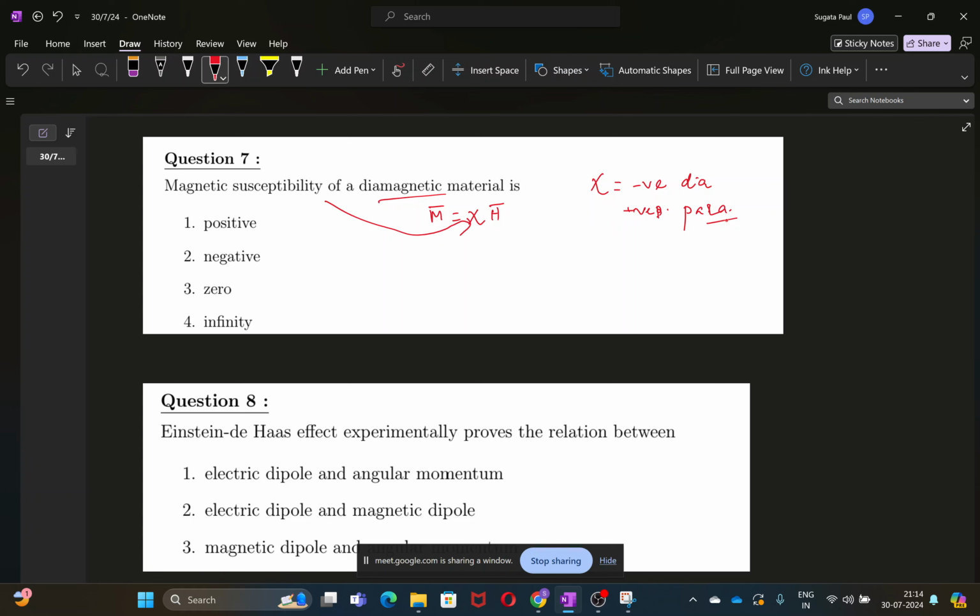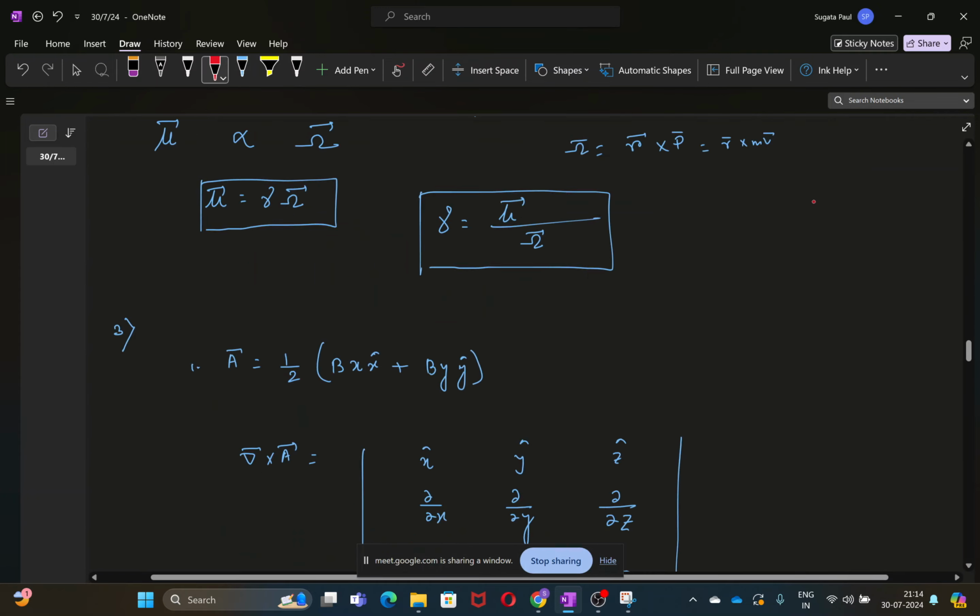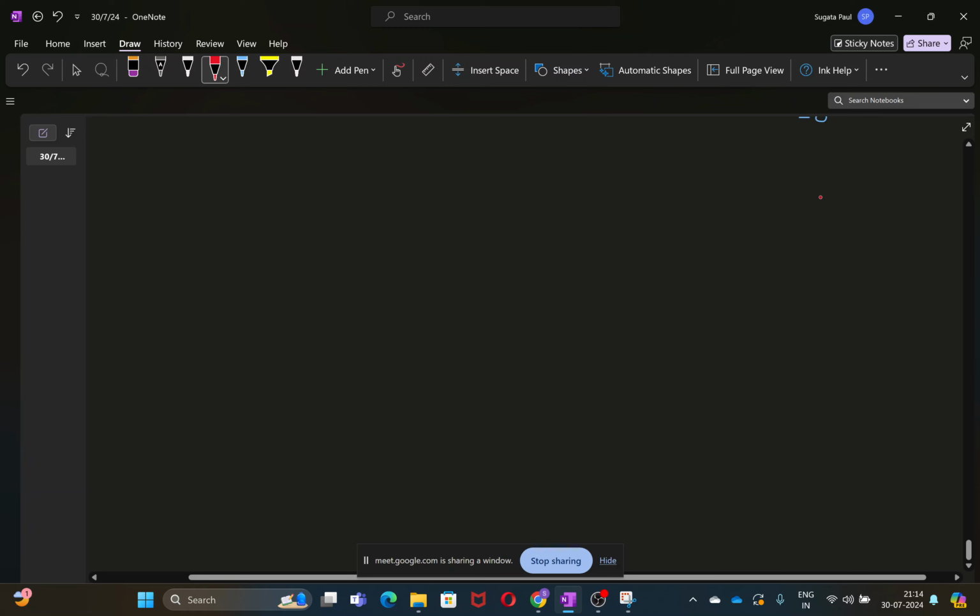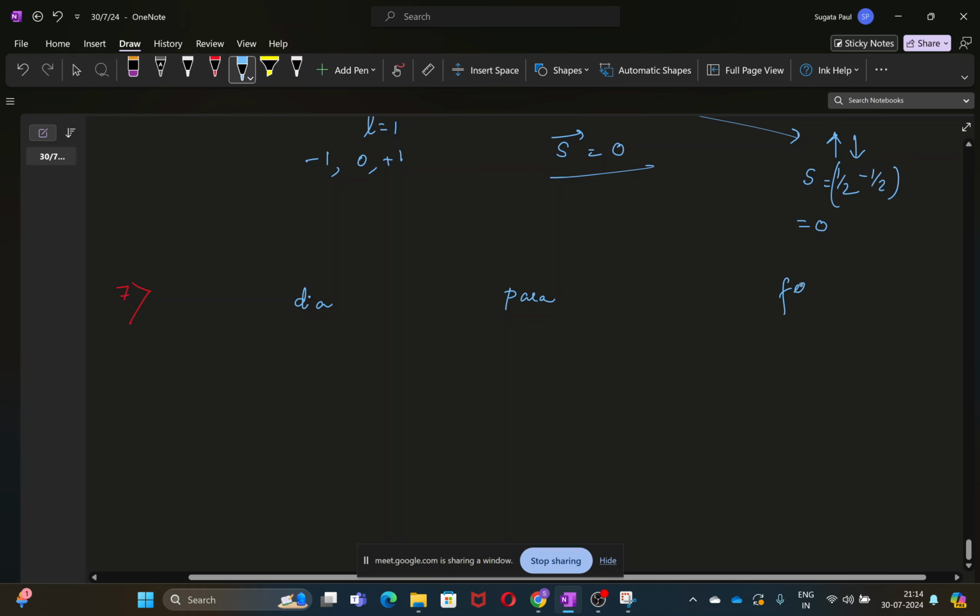So I'll just write down here at the side of it, question number 7. We will probably know the difference between all three very clearly, but again for the sake of it, let me write it down. So this is diamagnetic property, this is paramagnetic property, and this is ferromagnetic property.